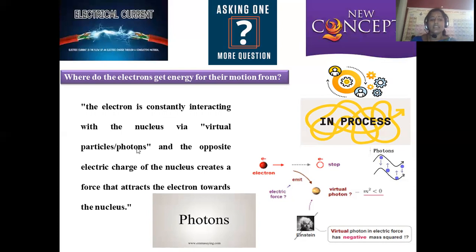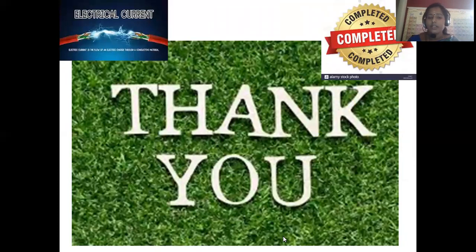While bombarding, photons give their energy, so the electrons are continuously oscillating. Photons are the major source of energy for electrons. The concept of photons was given by the scientist Einstein.